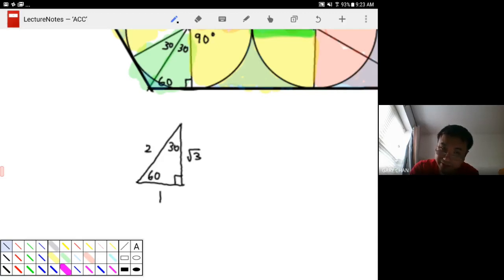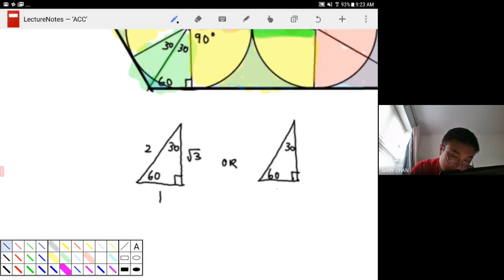Another way of thinking about it is it will look like this: 60, 30. This is 1/2. This is square root of 3 over 2. And what's the length of the hypotenuse, Sasha? 1. That's right. So these are all the same, okay? It will always share that kind of ratio.